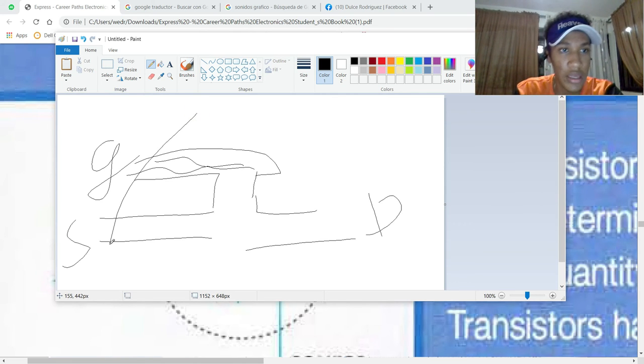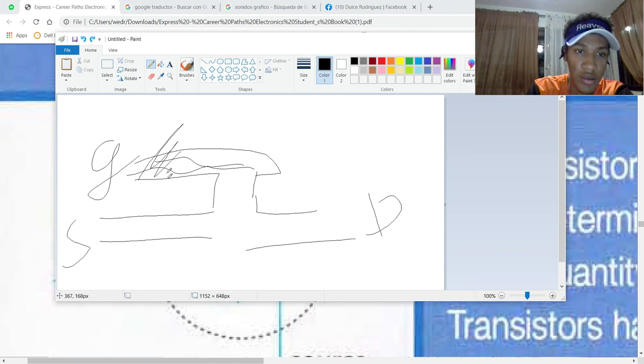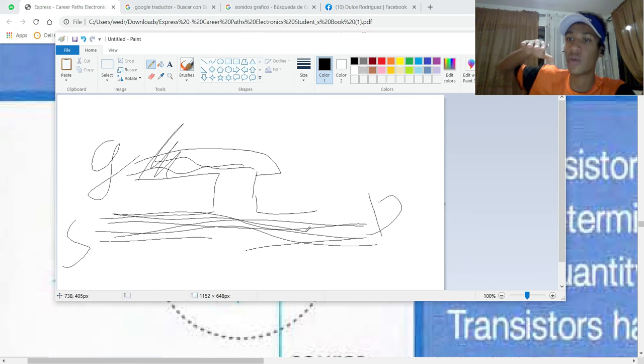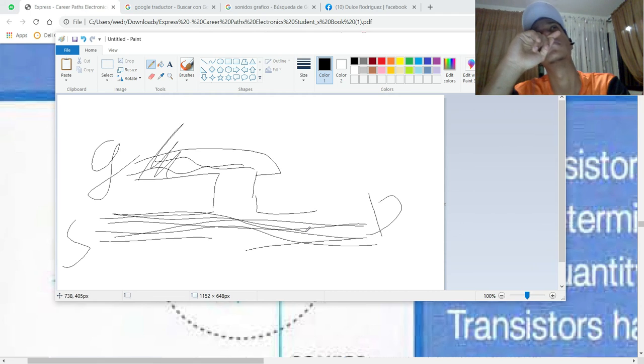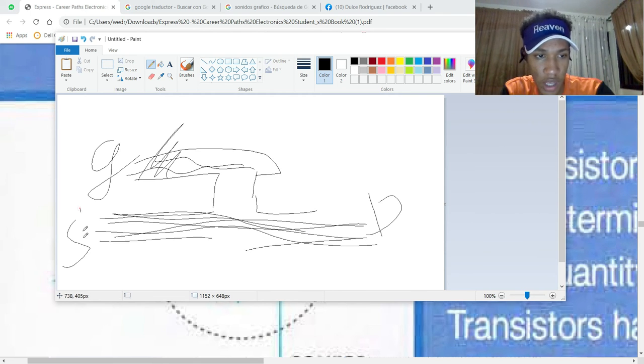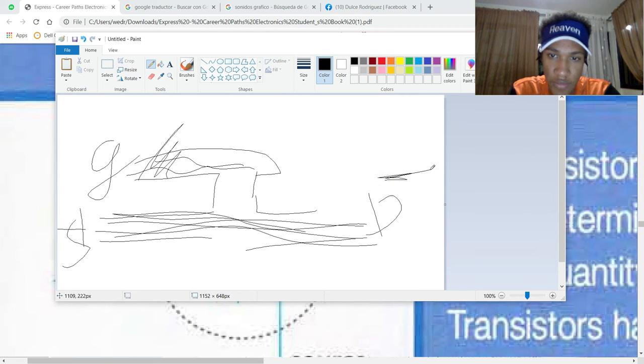So you put one, so the current can flow in one way. Yes, in one way. So you need to put positive and negative, for example.